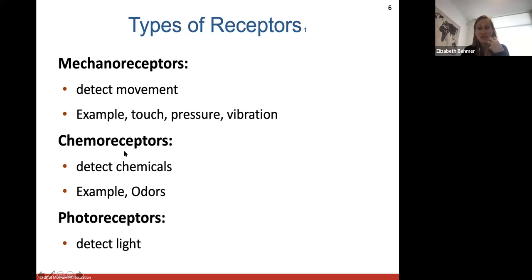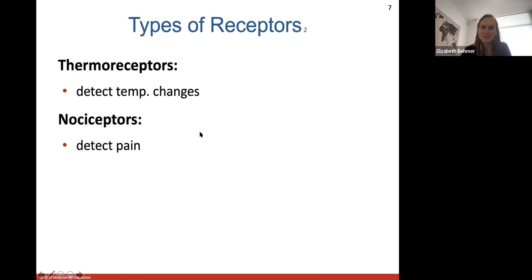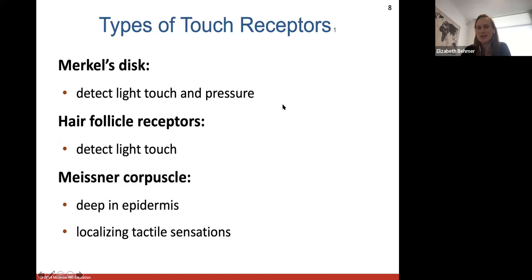Chemoreceptors are also found in your taste buds to help you taste the different molecules that have been dissolved on your tongue. And then photoreceptors detect light, and those are found in your eyes. Thermoreceptors detect temperature changes. You'll often find those in your skin. And nociceptors detect pain, and you'll find those in your skin as well.